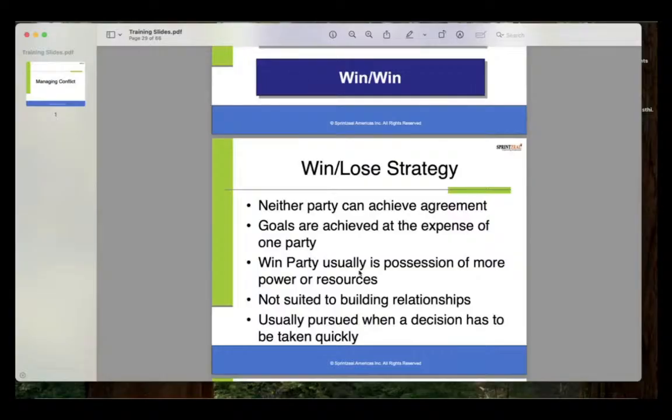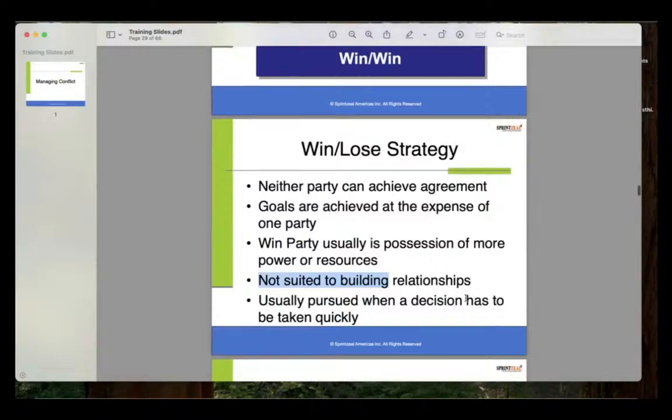The winning party usually is in possession of more power or resources, so the party that will lose will definitely have less power or resources. It is also not suited to building relationships. And this strategy is used when a decision has to be taken quickly.